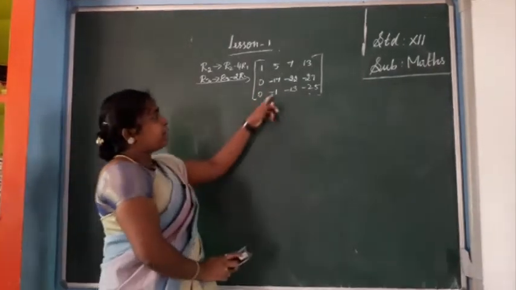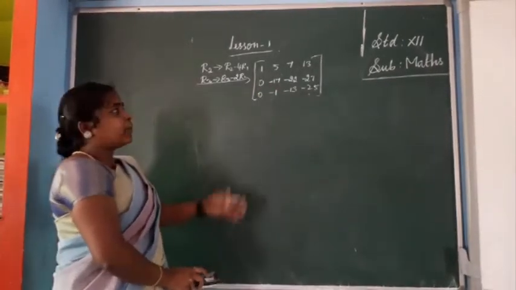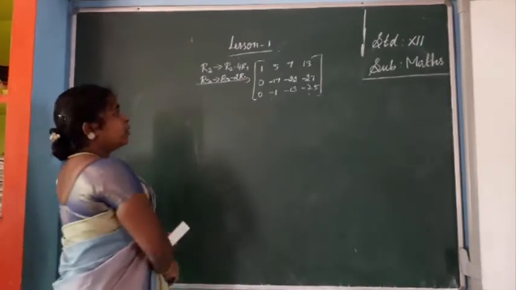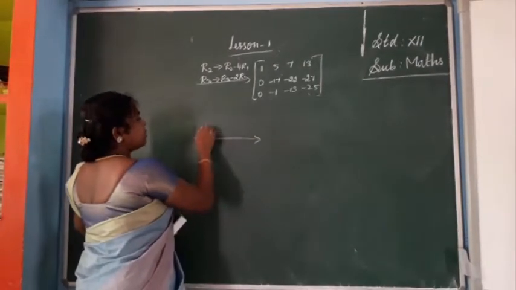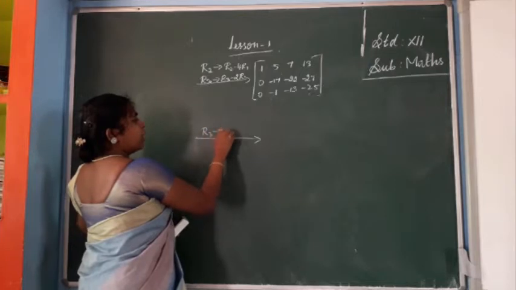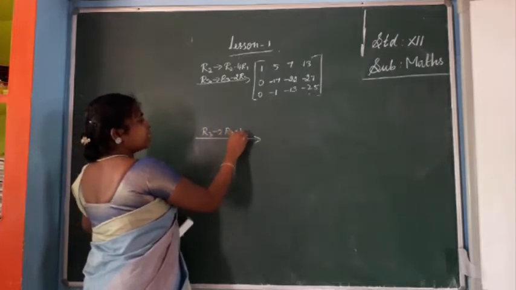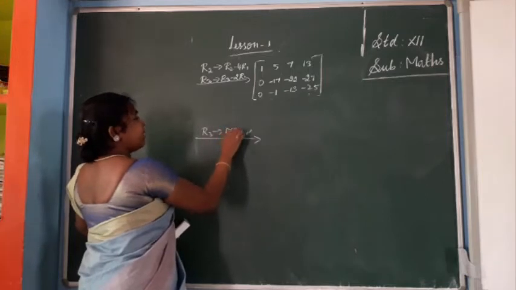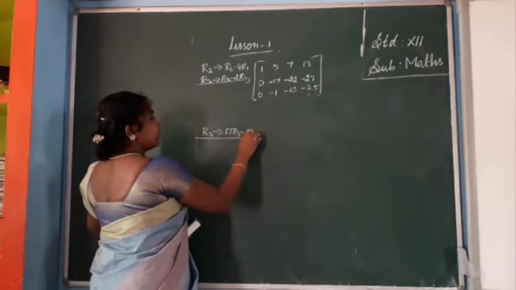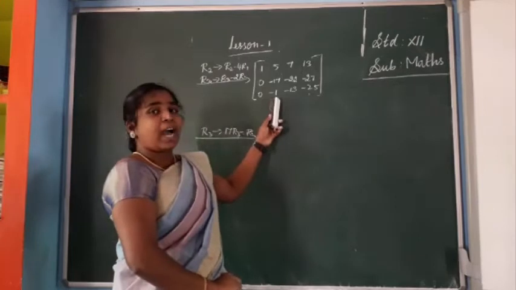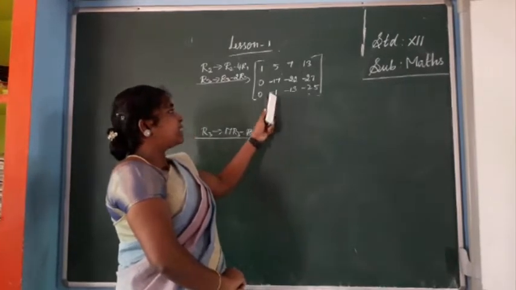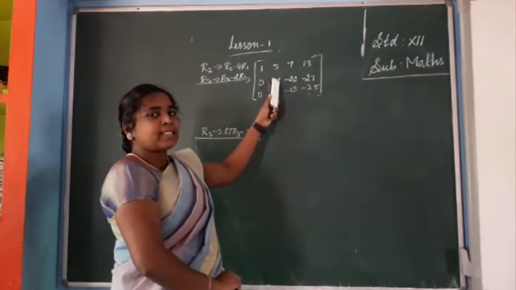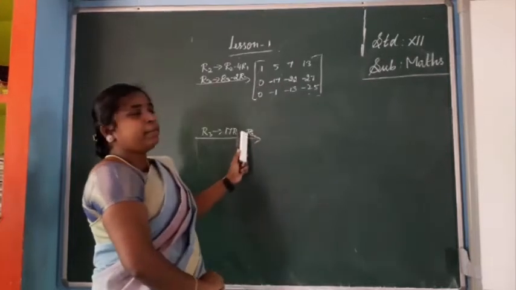Here also the symbol is the same, so if we subtract, it will eliminate. So R3 gives 17 R3 minus R2. You have to multiply R3 by 17, then only you get minus 17 minus minus 17. Symbol same, so in between minus.